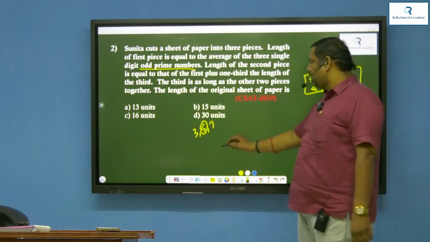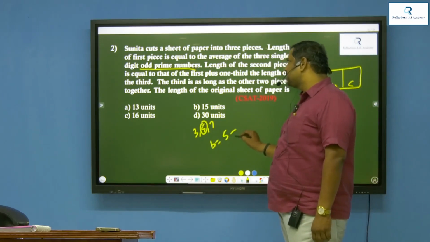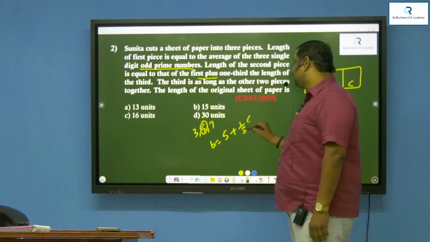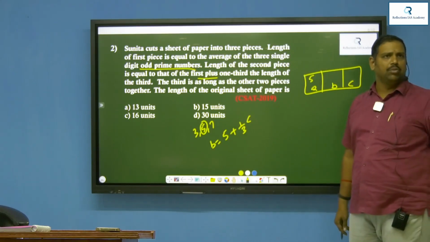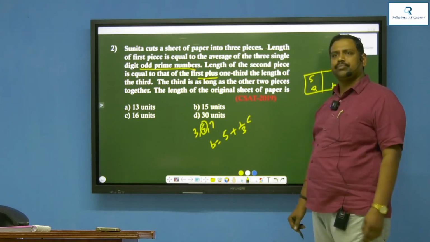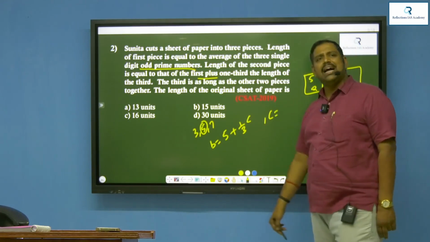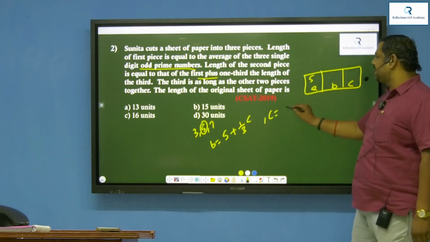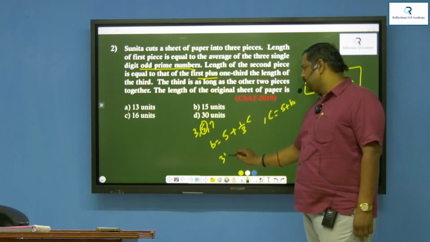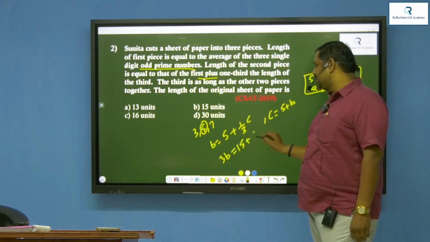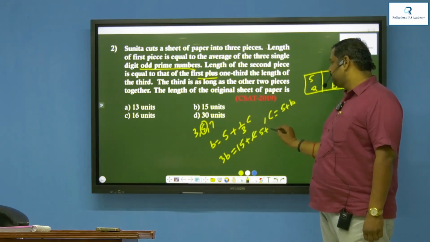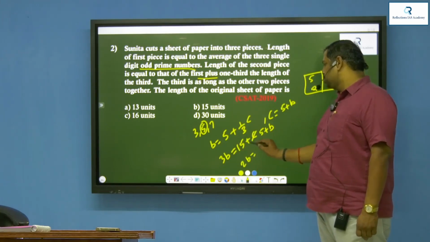Second means B, so B equals 5 plus 1/3 C. The third is as long as the other 2 pieces, so C equals 5 plus B. Cross multiplying, 3B equals 15 plus C. Replacing C with 5 plus B and moving B to this side, 2B equals 15 plus 5, which is 20.